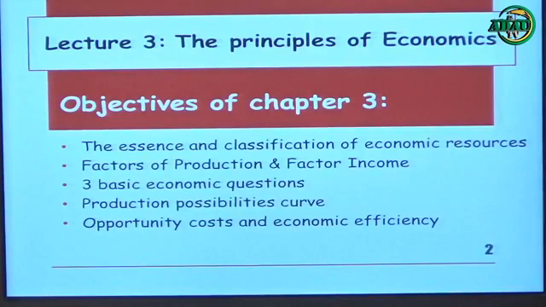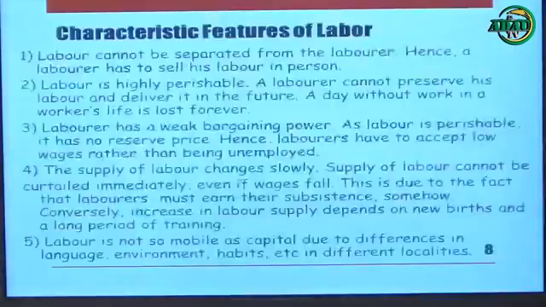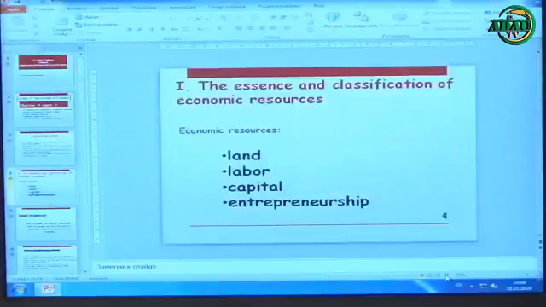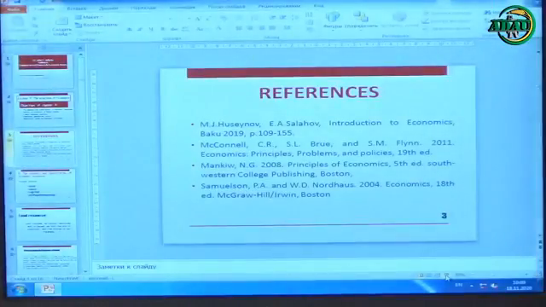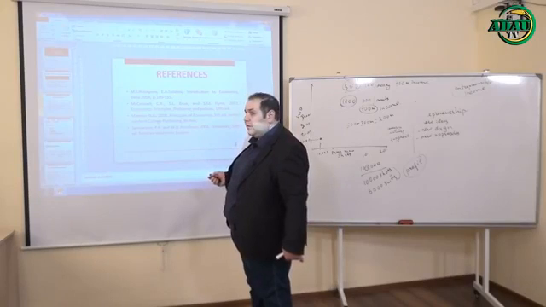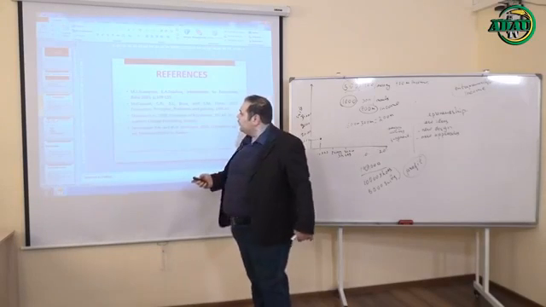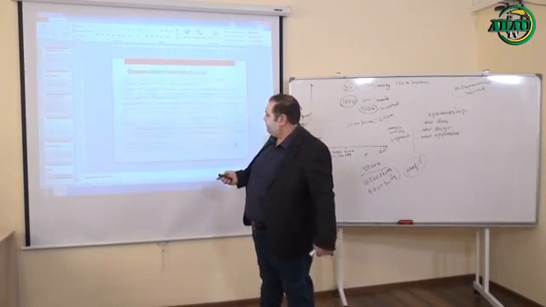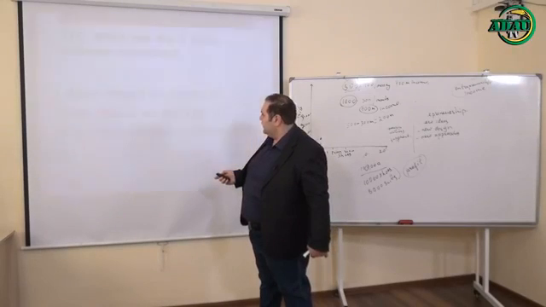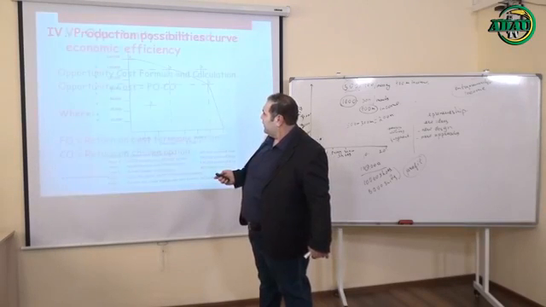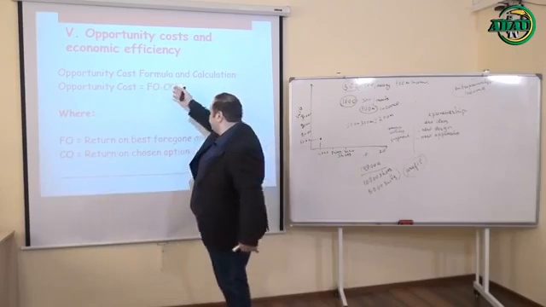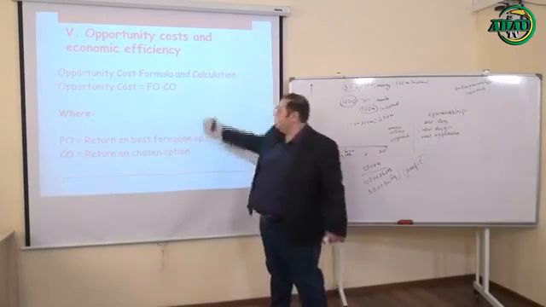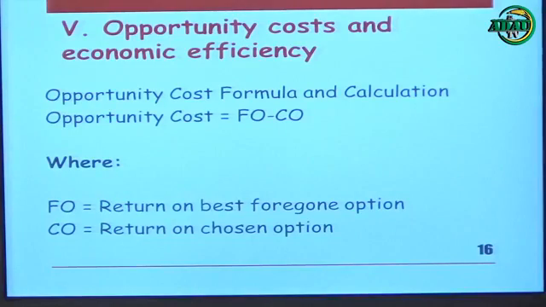The calculation methodology of opportunity cost is: return on the best foregone option minus the return on the chosen option. This is all the detail related to our principles of economics.